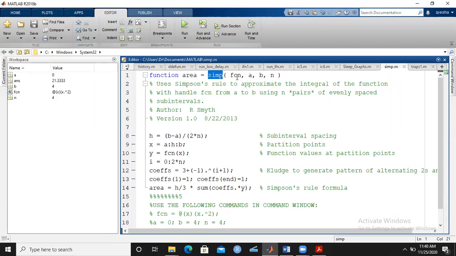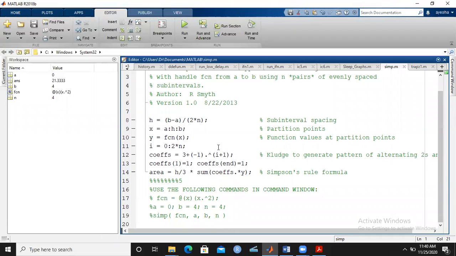Now I have a function, start, lower limit, upper limit, n. In the same manner, you can see I have not used a nested loop. On the contrary, I have used the indices in a different manner. So please do compare the syntax of trapezoidal rule and Simpson's rule for learning.